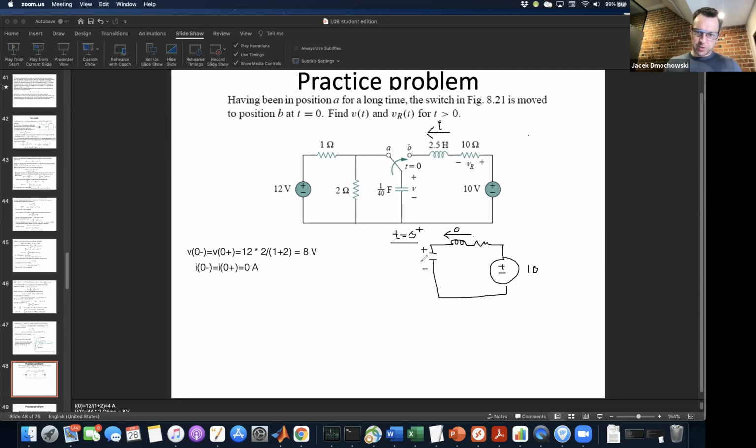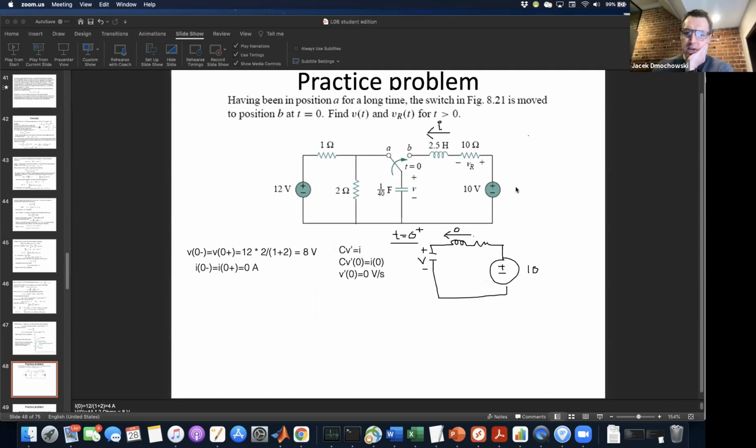We know that C V prime is equal to I, and that holds also at time equals 0, which means that V prime of 0 has to equal 0 volts per second. So that's very important because now we have an initial condition on V and its derivative.